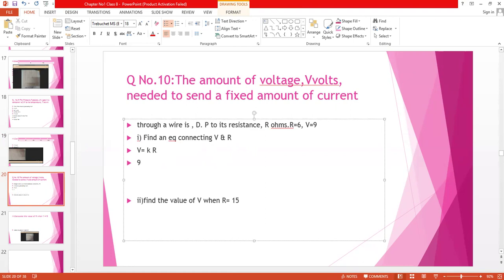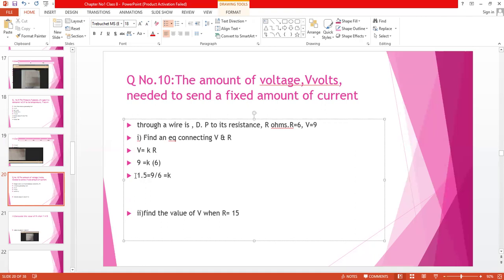So 9 is equal to K times 6. So 9 divided by 6 is equal to the value of K, and that value is equal to 1.5.